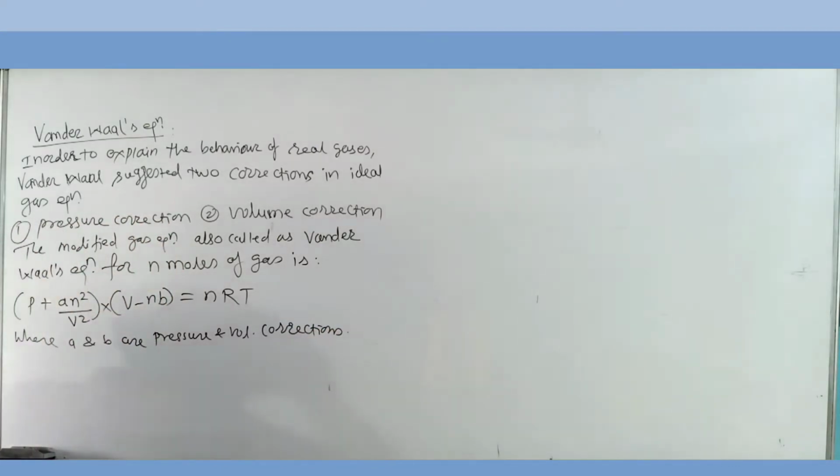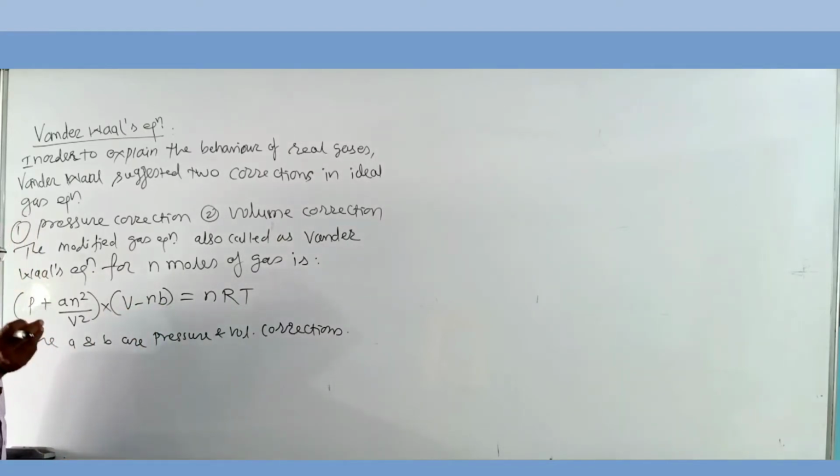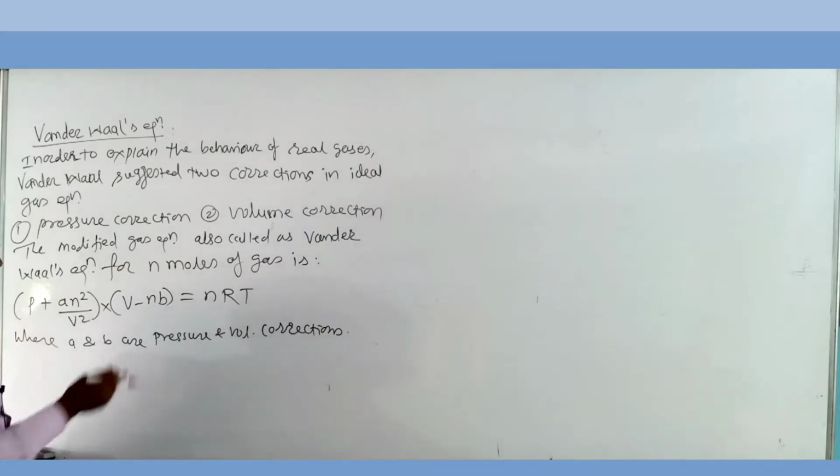P plus an²/V² accounts for the force of attraction between the molecules, and V minus nb is the volume correction, since the volume of a gas molecule is not negligible. Therefore, there are two corrections in the ideal gas equation.